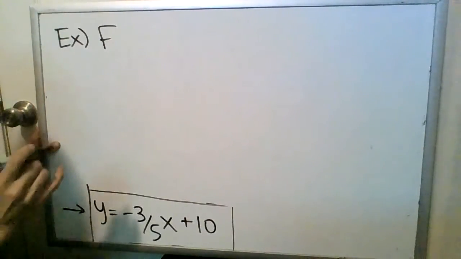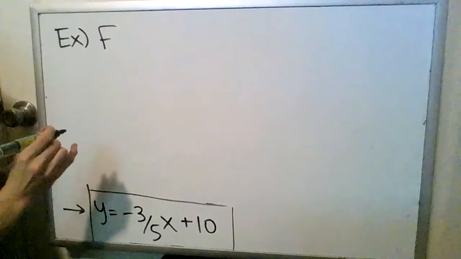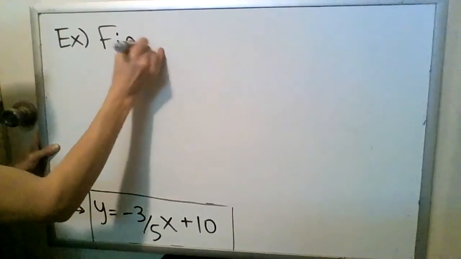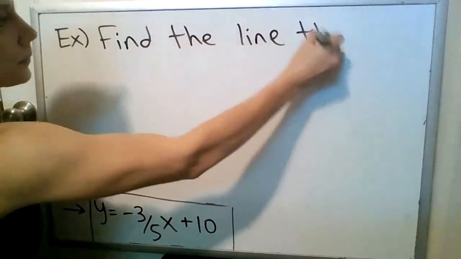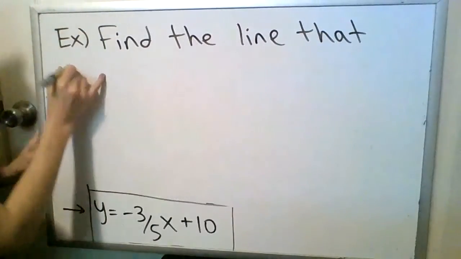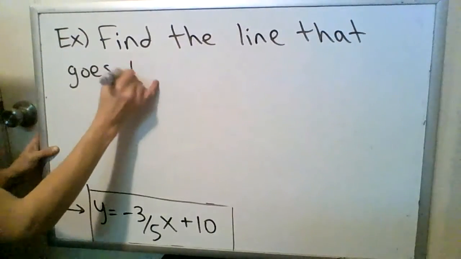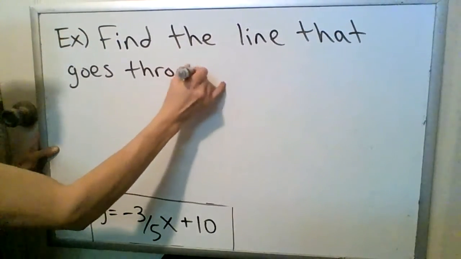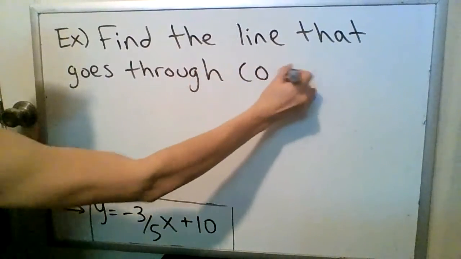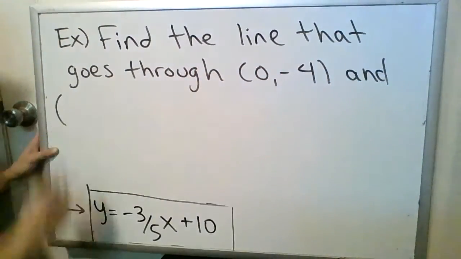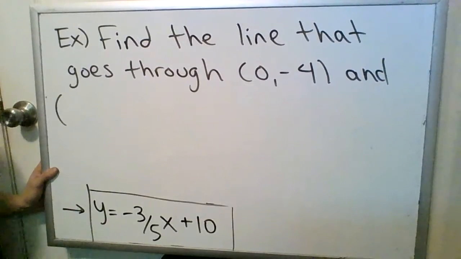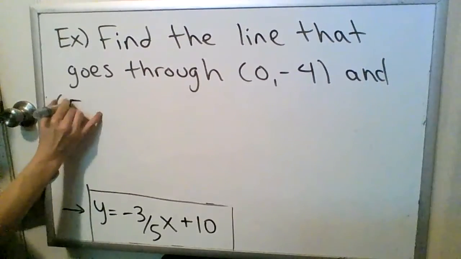Find the line that goes through 0, -4, and 5, 2.